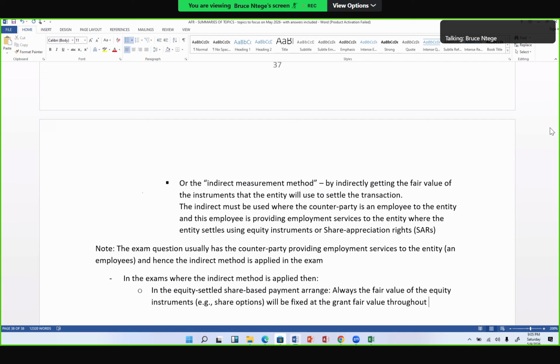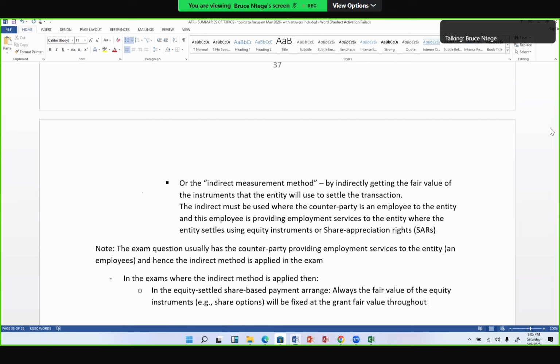Maybe on initial recognition, the grant date, the fair value of the share options was 1,000 francs. Then he says at the start of next year, it was 1,400. Please, he's confusing you. You stick to 1,000 francs because that is the fair value on the grant date. So it remains fixed throughout the vesting period.